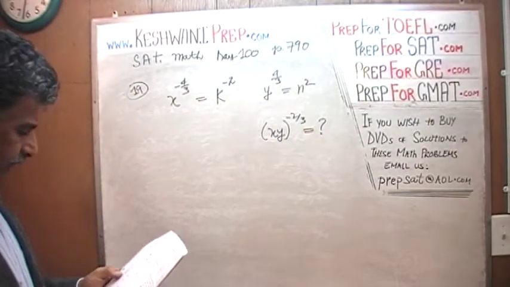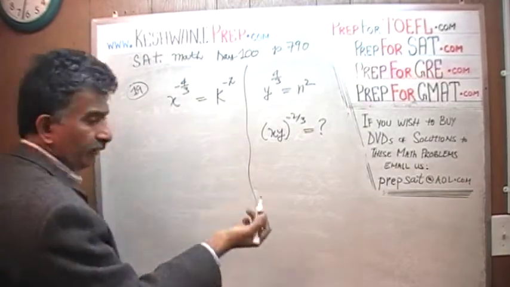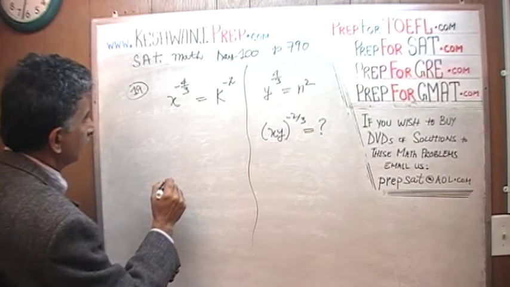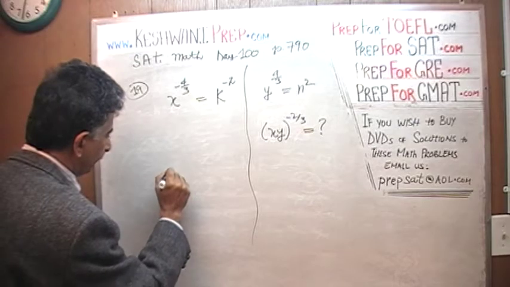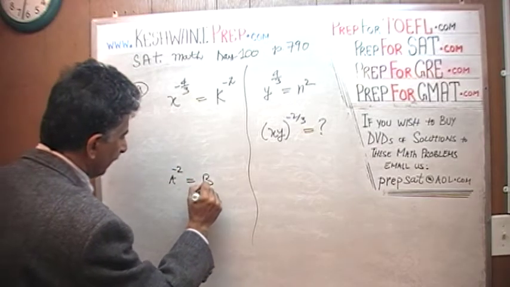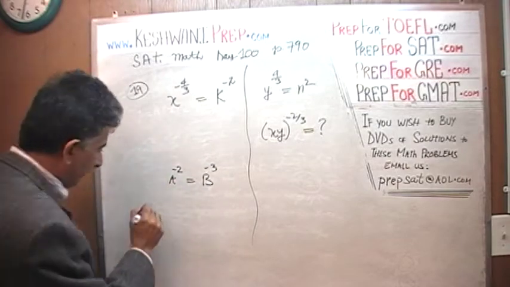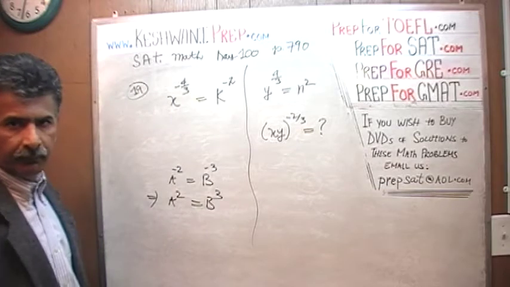Well, first things first. Let's keep it separate. You see, for example, if we are told that a raised to -2 is the same as b raised to -3, then that also implies that a raised to 2 must equal b raised to 3. Why?